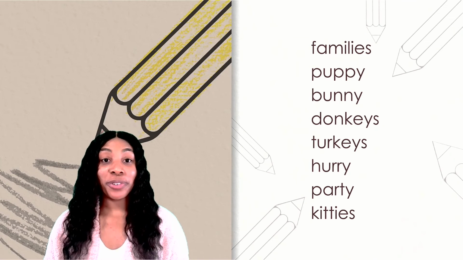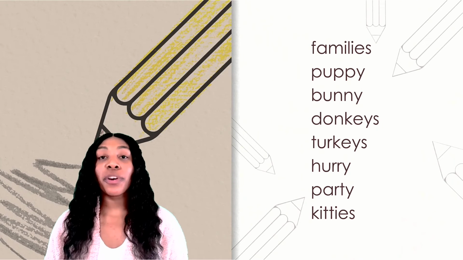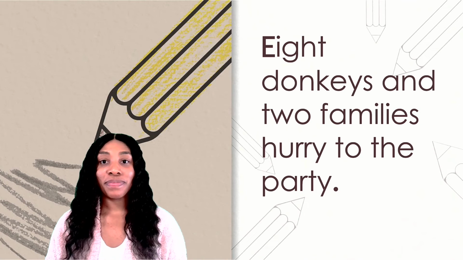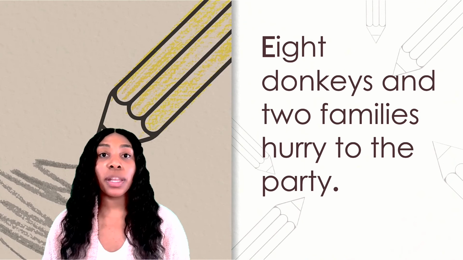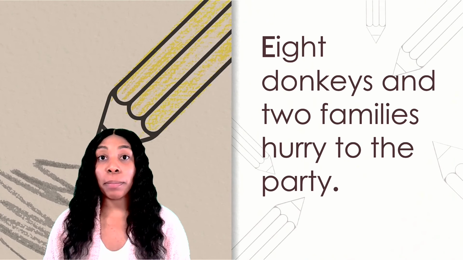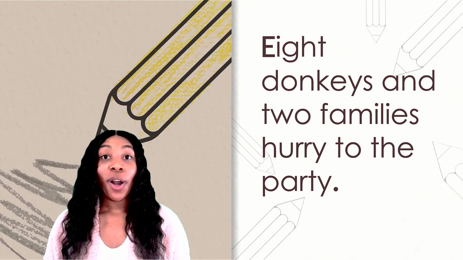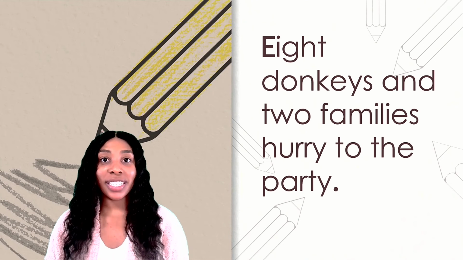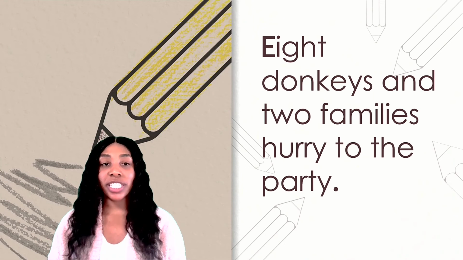I want to show you the silly sentence that I came up with using some words from this list. 8 donkeys and 2 families hurry to the party. Do you see how I started my sentence with an uppercase E and ended with a period? Hopefully you did the same for your sentence with the capital letter at the beginning and the ending punctuation.